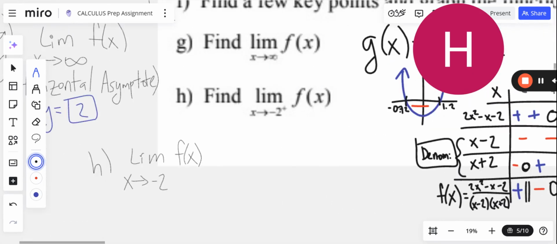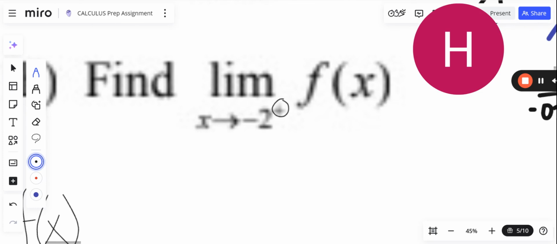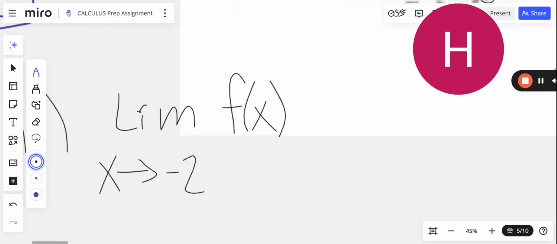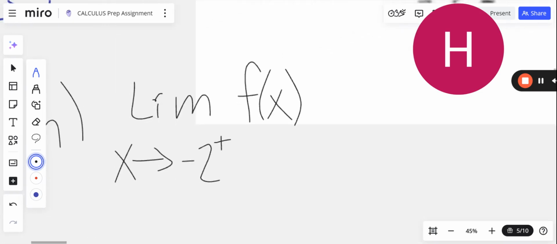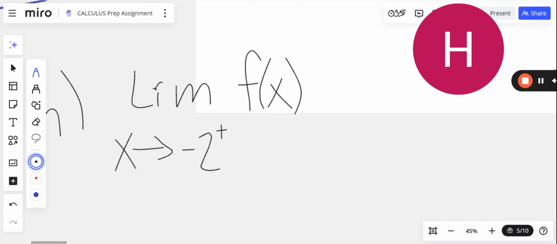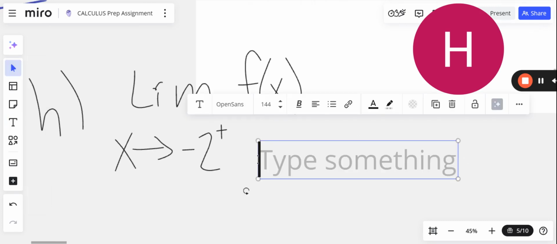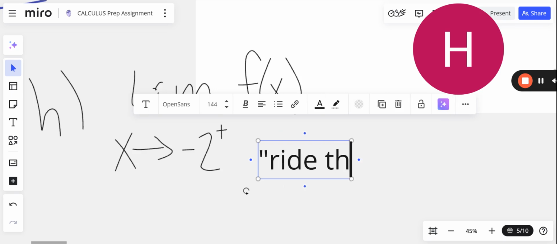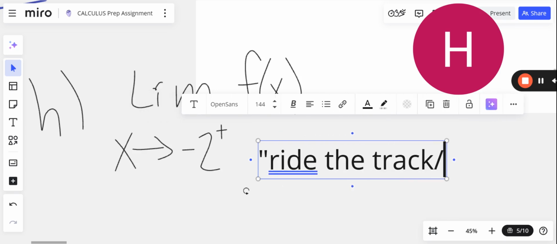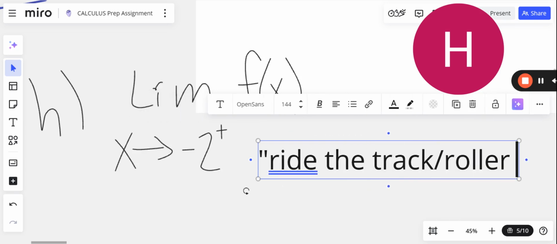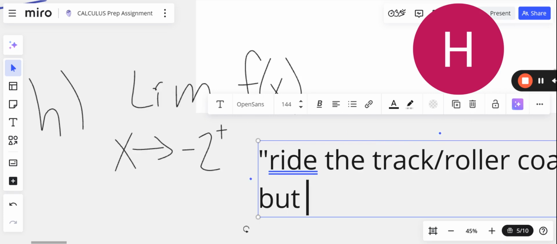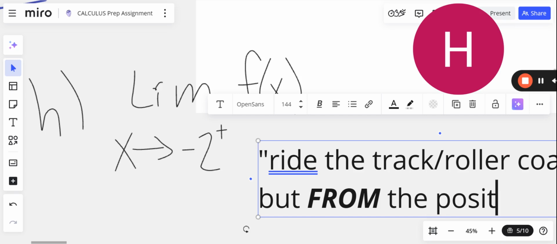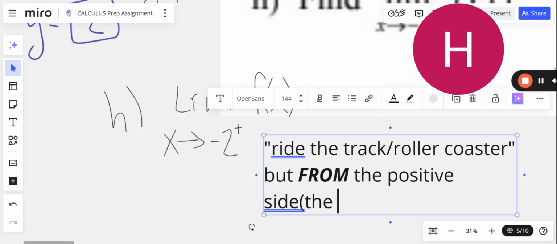And now I'll explain what else is on this. This little symbol that you probably can't really tell, this is a plus sign. And what this plus sign indicates is to ride the function, ride the track, or ride the roller coaster, but from the positive side, aka the right side.